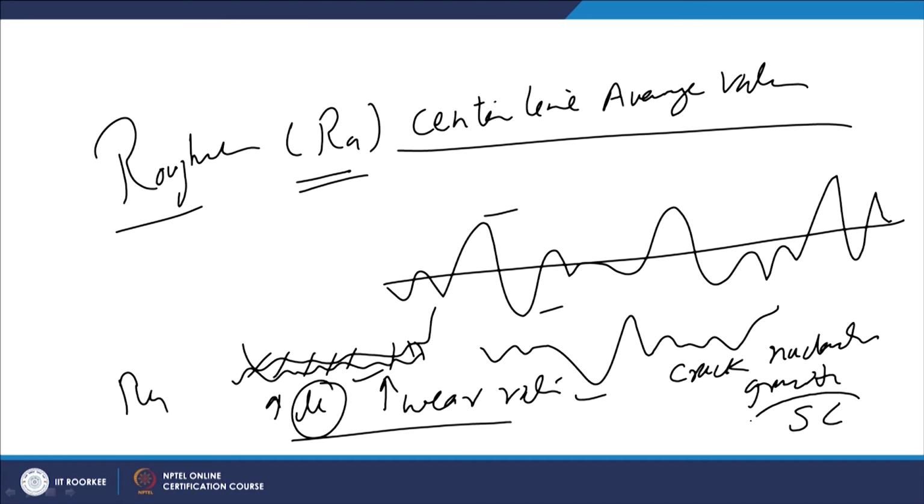Therefore, under tensile stresses, if the surface roughness is more, then it promotes stress corrosion cracking. At the same time, higher stress concentration due to the deeper valleys lowers the tensile strength as well as the fatigue resistance of the component.